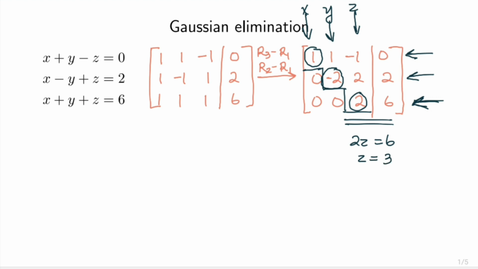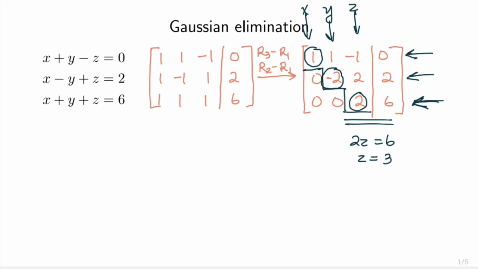So putting the matrix in row echelon form makes it easy to solve the system because once you have a leading entry in a column, you'll see that all the entries below it are 0. You see that? That's what's happening here.